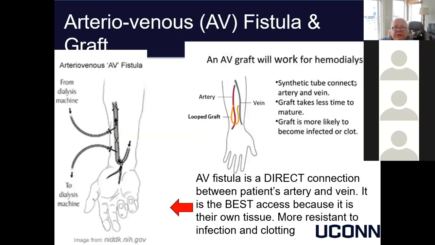Okay, and then here's a picture of the AV fistula and graft. Again, the artery is essentially the out, and the vein access is the back in, if you will.